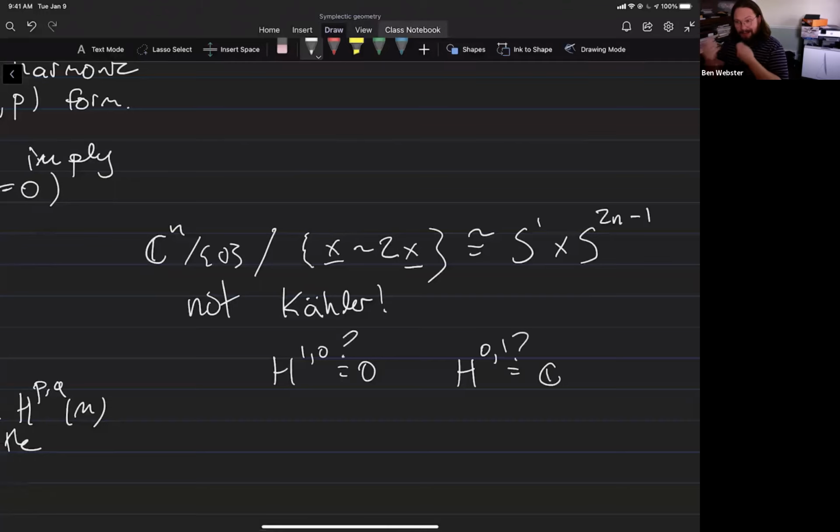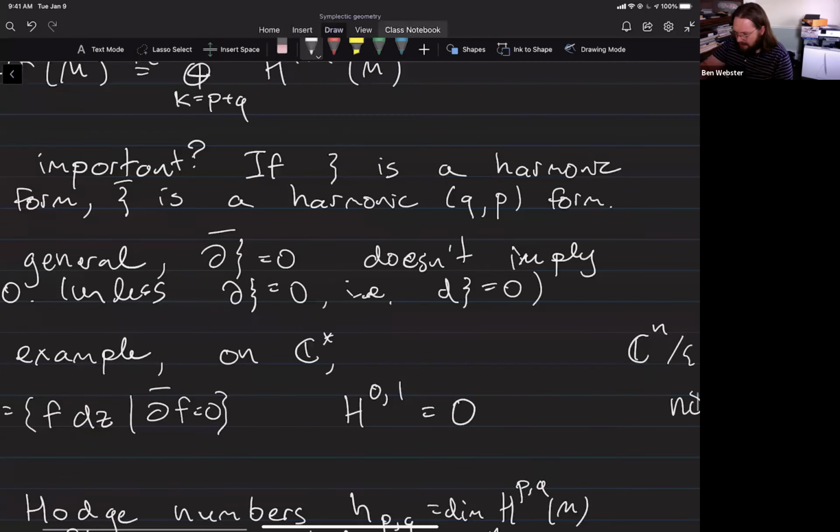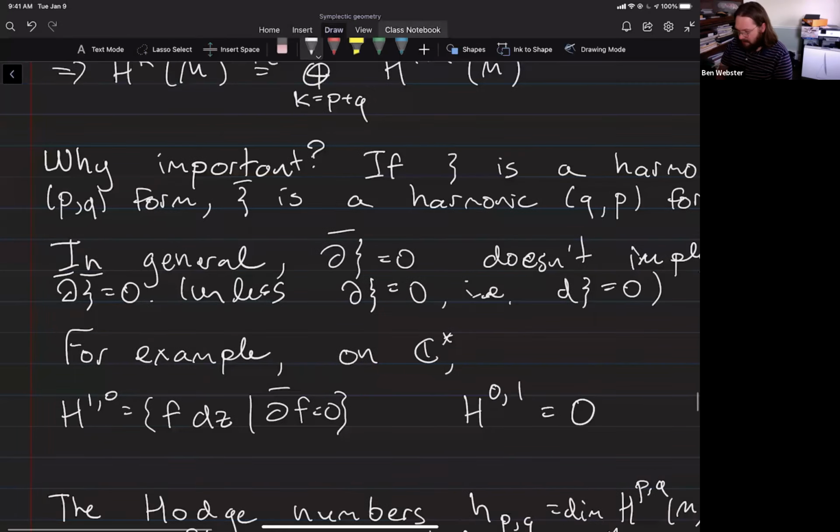But you get this kind of asymmetric picture. And exactly the problem is there's no reason that a Dolbeault cohomology class should have a representative which is exact, and no reason that Dolbeault cohomology should play well with taking complex conjugate. So you need these harmonic representatives to make sure that's true.